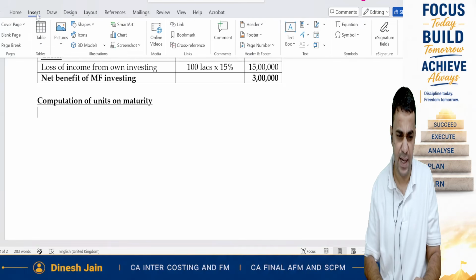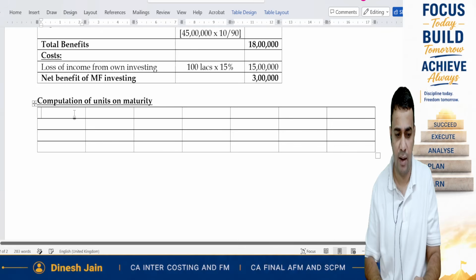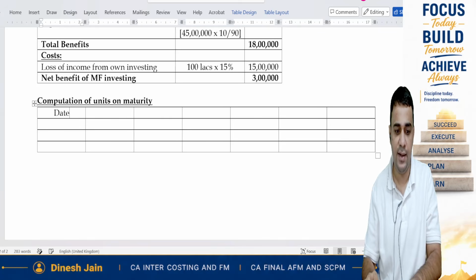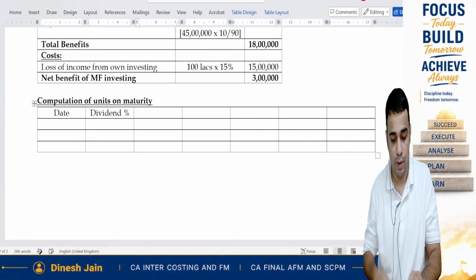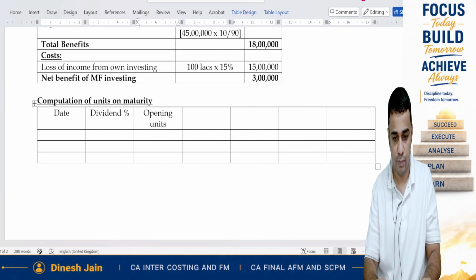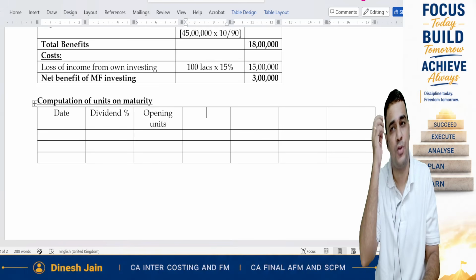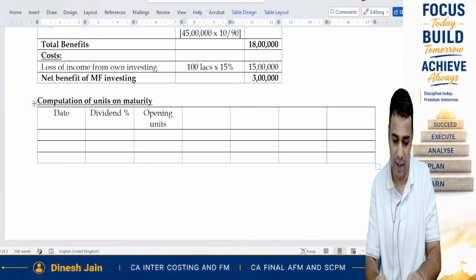We will need 6, 7 columns, manage space accordingly. Second column should be opening units, third column should be dividend percentage. If you have not written it that way, you can interchange, it doesn't really matter.